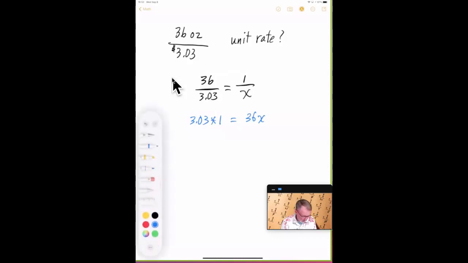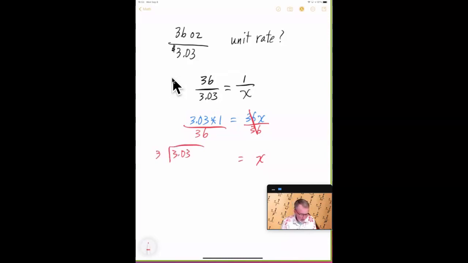And so to solve for X, we're going to divide both sides by 36, and the two 36s on the right cancel out, leaving X. X is equal to 3.03 divided by 36. So we just do the long division. And because 36 doesn't have any decimals, we just go ahead and divide it into 3.03.